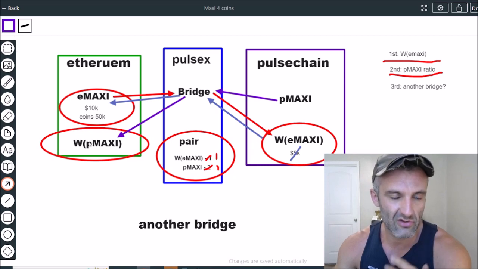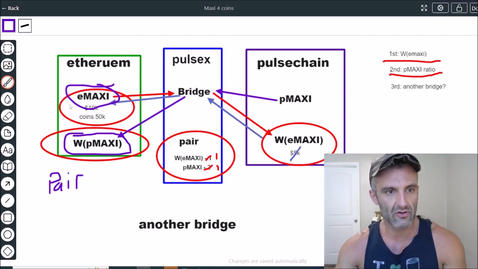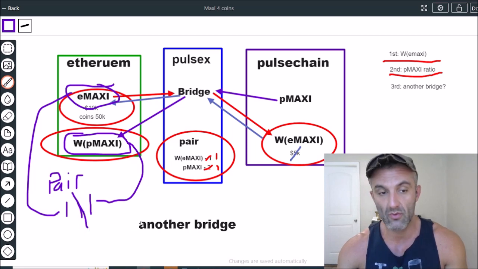And then we're going to go through the same exact thing, but it would be Uniswap, right? Then you're going to have a pair. We're going to have a pair of these two right here on Uniswap together. And given the data that we just took a look at, the actual value of the ratio should be 1-for-1.